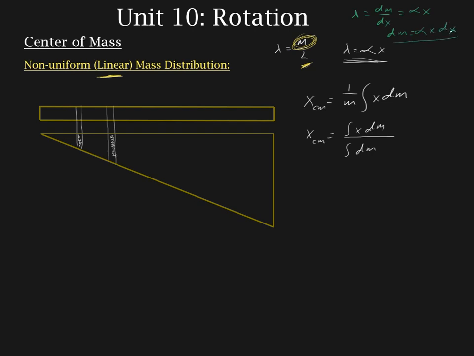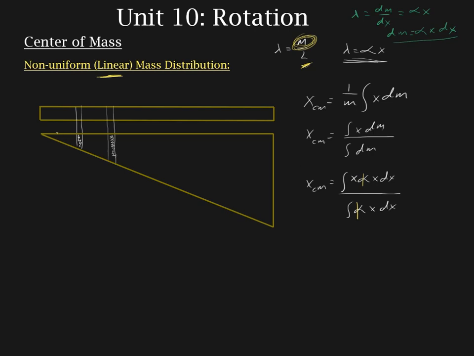So this is what we're going to use for dm. So we get xcm is equal to the integral of x times alpha x dx over the integral of alpha x dx. Okay, so we can cancel out alpha. That's not going to be important to this problem.